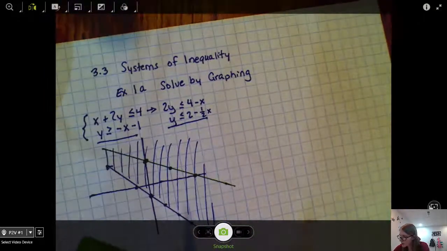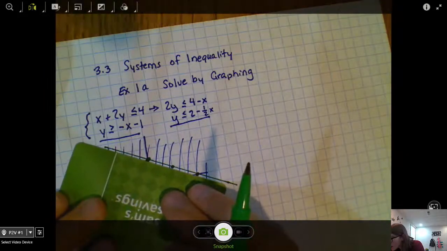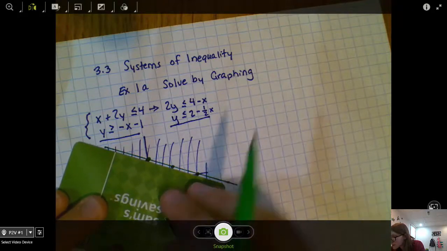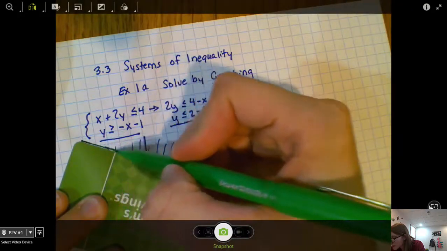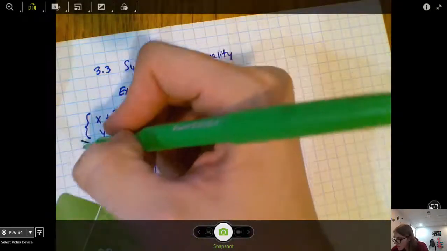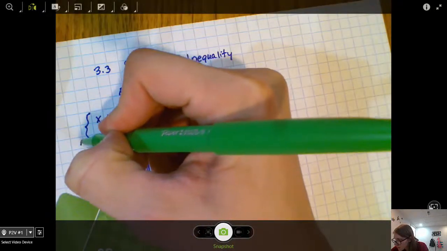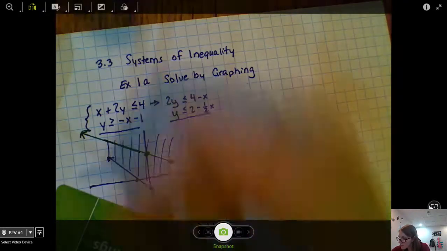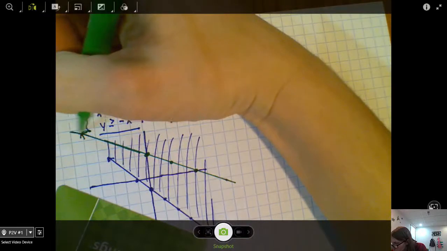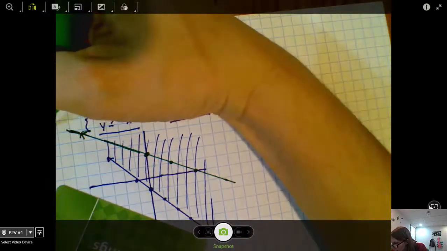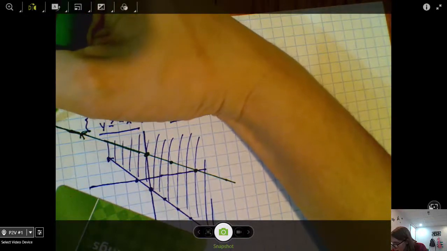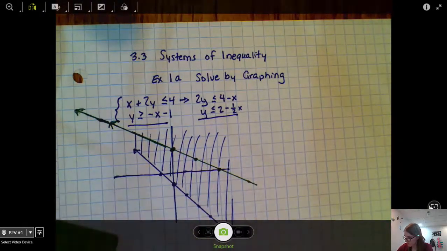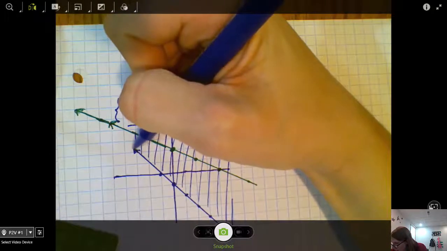Okay, and I really should extend this a little bit more, and I'll go back and extend my other line a little bit too, because ideally I want to be able to see where those two lines intersect. So scratch that. I really need to go even further this way. I should have made my graph a little bit bigger. I'll go back and extend my blue line a little bit here too.